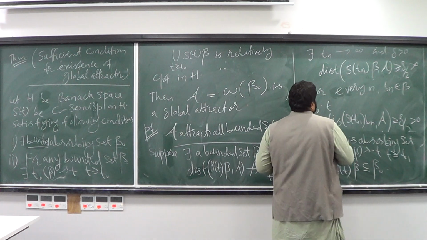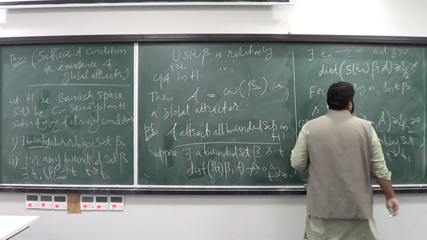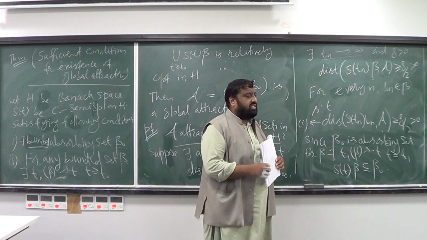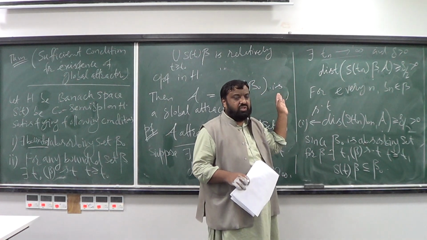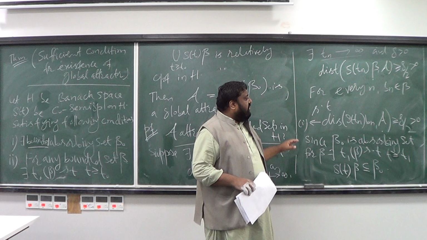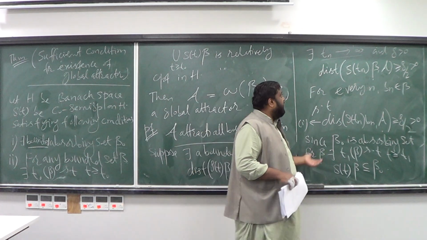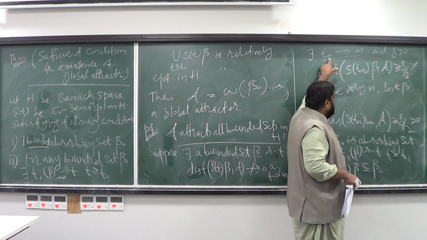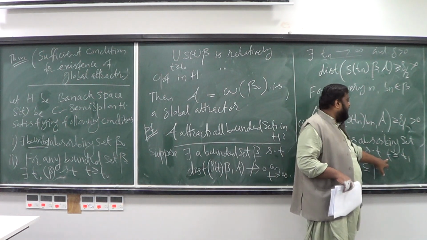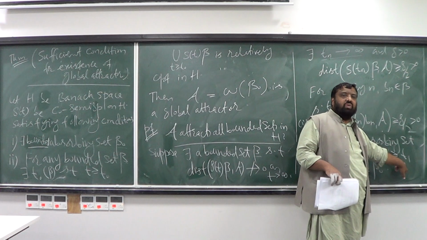Now in particular, since this Tn goes to infinity, the instants of time go to infinity, there must be an n such that after this instant the Tn will be bigger than or equal to T1 actually.